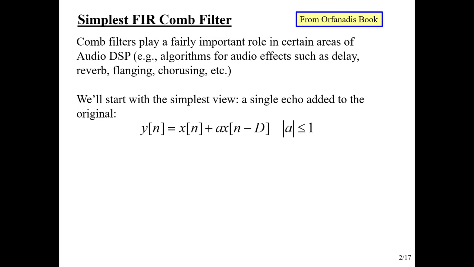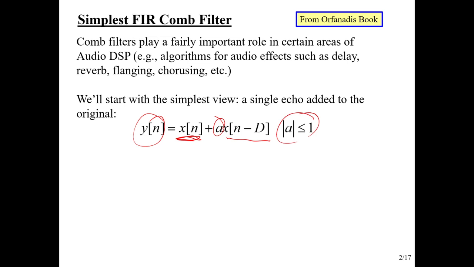So let's start with this simplest view, just to sneak up on the idea of what is a comb filter. So if we take the output equal to the input plus some delayed version of the input with some scaling factor A, and I say that the magnitude of A is less than or equal to 1.